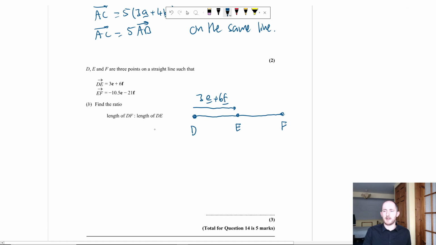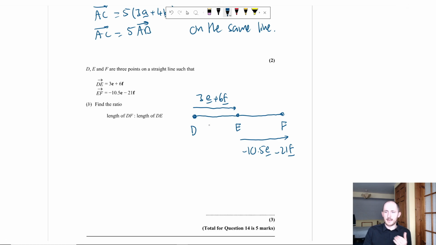Again, I underline my vectors just so you can see them. I can't write in bold, hence why I underline any letter that has bold overlays. And E to F is minus 10.5e minus 21f, right?